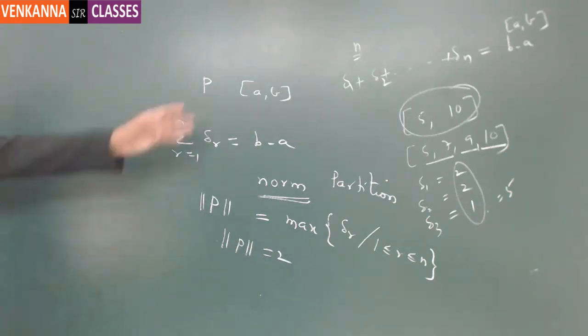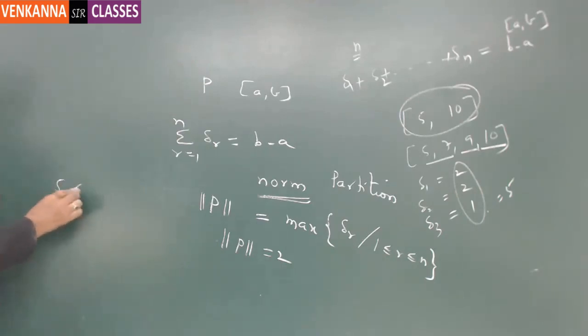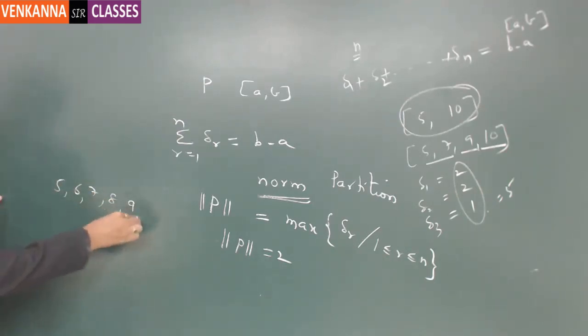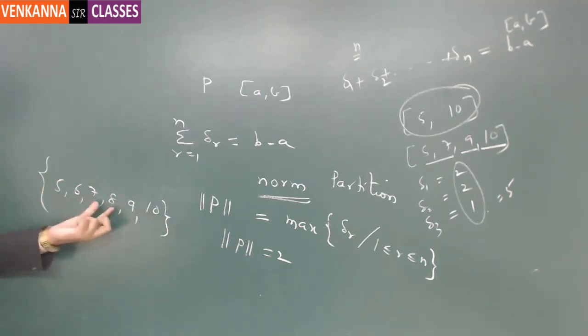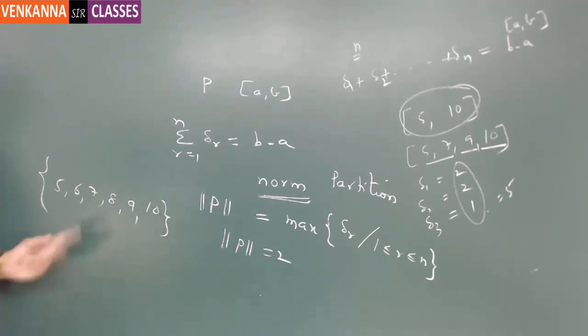Suppose you have taken the partition with equal values, let us say 5, 6, 7, 8, 9, 10. This is the partition I have taken. So here the interval length is 1, 1, 1, and so on. So what will be the norm here? Norm of the partition is equal to 1. Accepted? In this case.